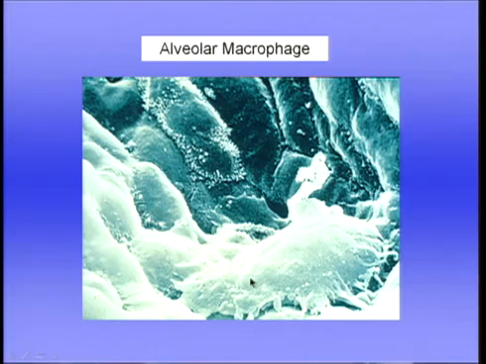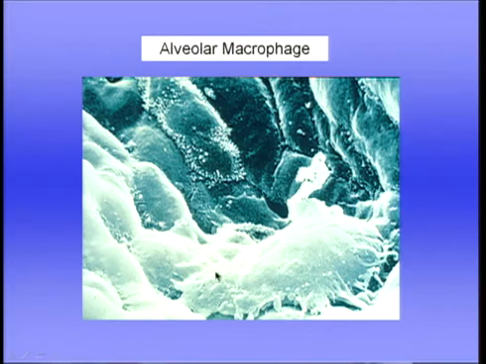Now let's talk about the cleaning of the alveoli, because as I said before, there are no cilia in the alveoli, and there's no mucus in the alveoli. There's surfactant in the alveolar lining layer, but don't get confused. Surfactant and mucus are entirely different. They're not related at all. And so the alveolus has to find another way of keeping itself clean, and it does that using the alveolar macrophage.